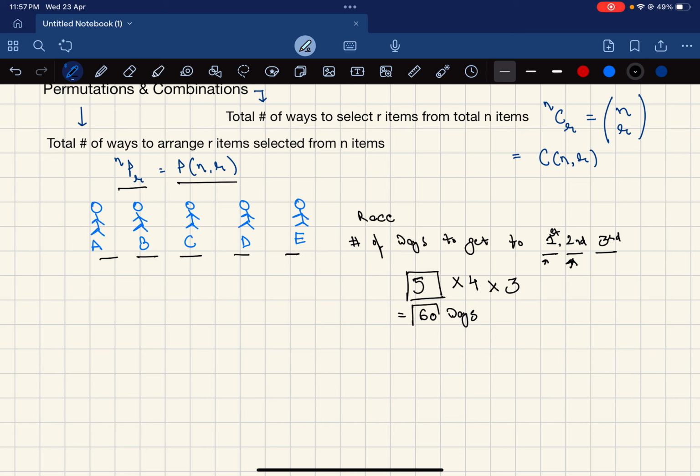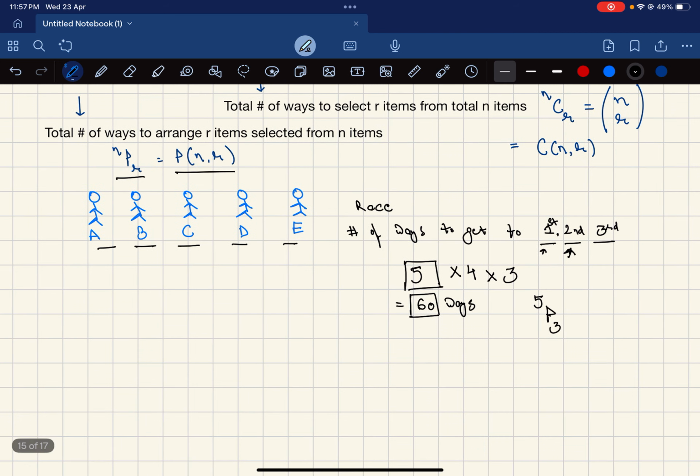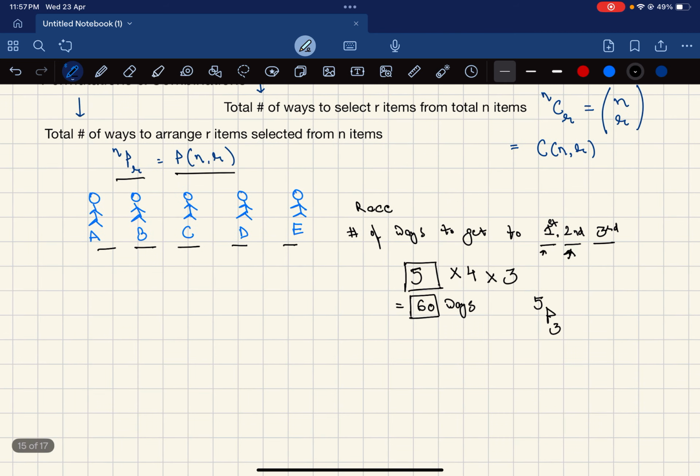This is the number of permutations for 5 people taken 3 at a time. Now this could also be computed as, let us say we have n equal to 5 here as the total population size, and r is equal to 3 as the sample size.